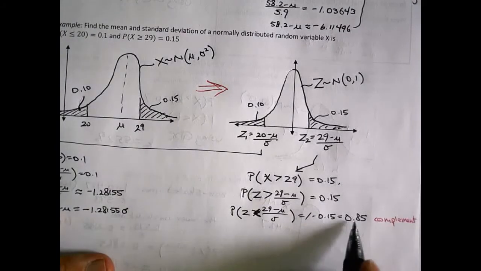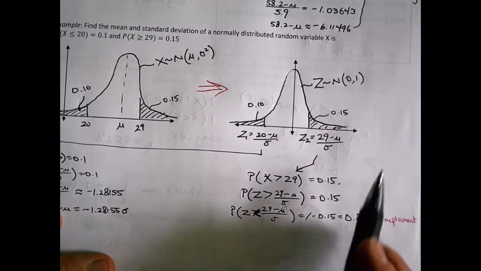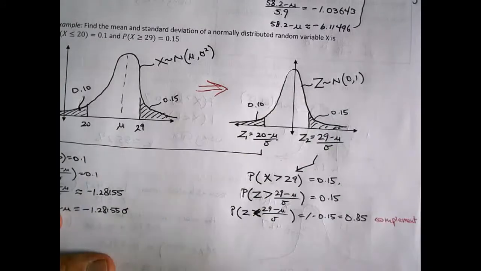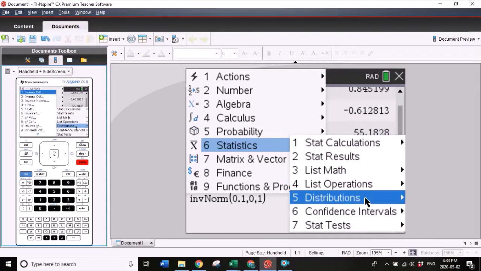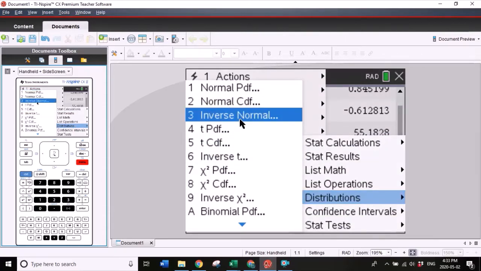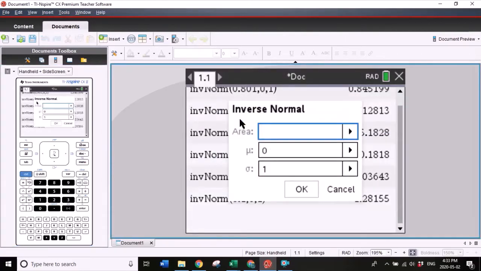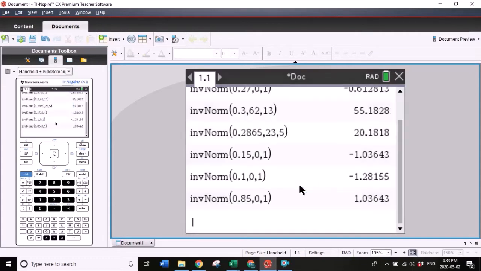Now, typing this into my calculator, there's my area, and there's my mu and sigma. And for the last one, we go menu, statistics, distributions, inverse normal. And I'm going to type in the area, which is 0.85. Remember, it's the complement. Still standard normal distribution. Press OK, and I get 1.03643.